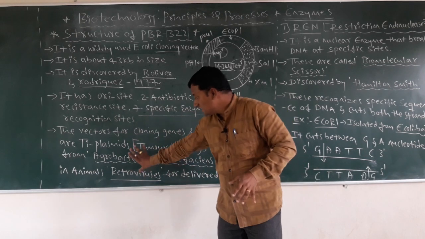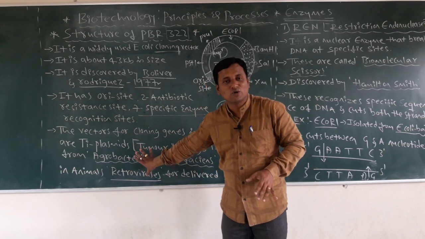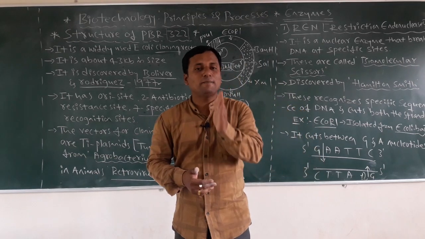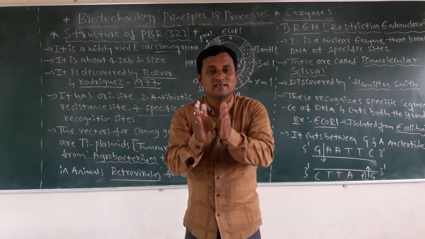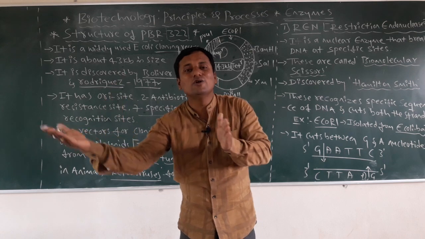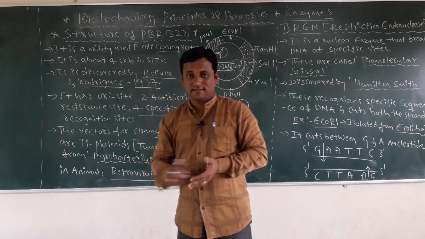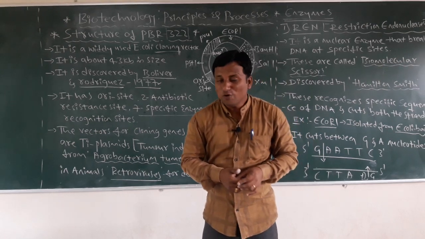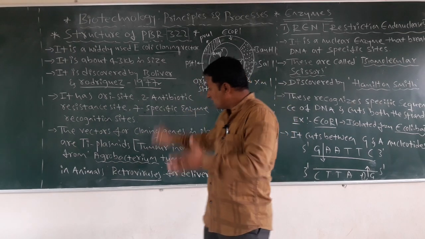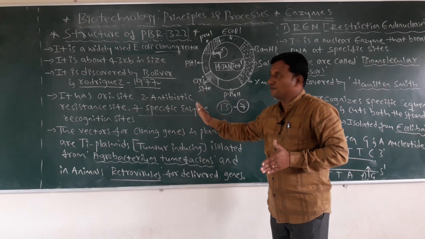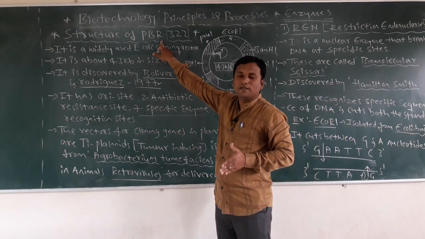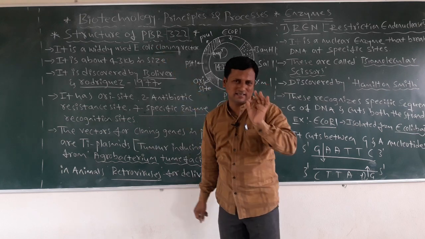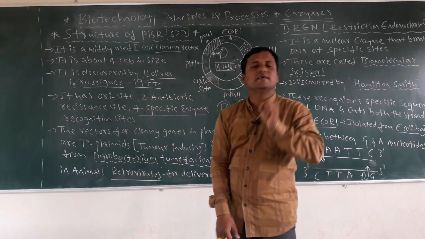You must remember this point. This is an important note for you. This is in plants. In animals, what types of plasmids or vectors are used for cloning purposes? One is the TI plasmid, and the other is retroviruses. So this is the idea about the structure of pBR322. It's a very simple structure, and the description is also very simple.